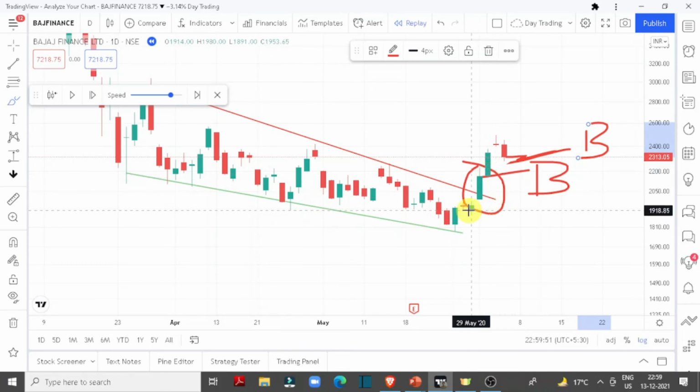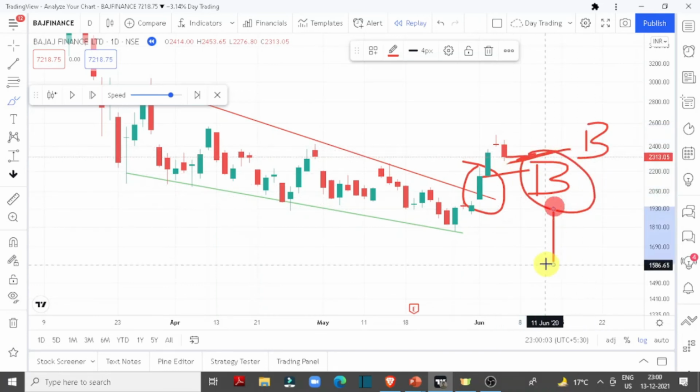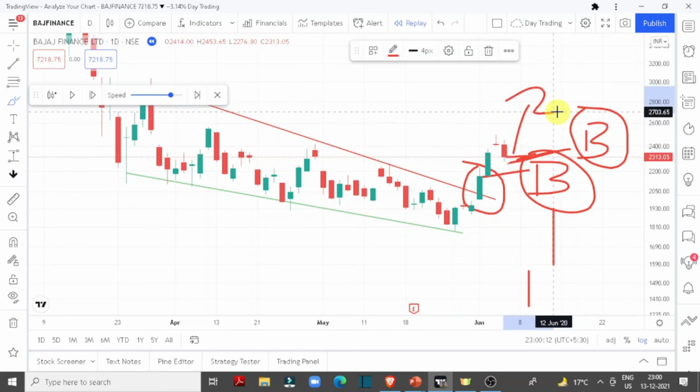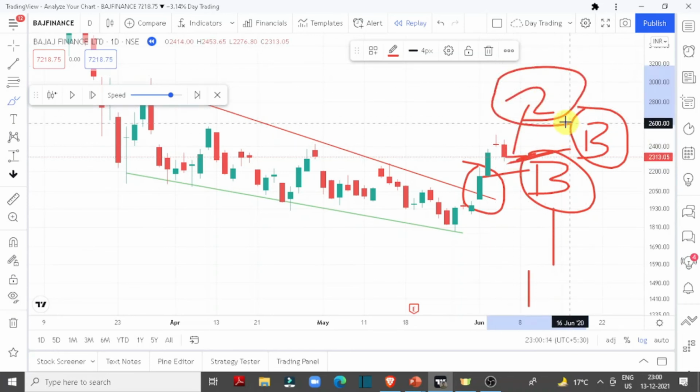Why? Because you will be able to take a smaller stop loss. But if you buy at this level, then your stop loss will be higher. So in the first case where I bought at the breakout candle, my stop loss was lower and my risk was lower. But in the second case where I bought at this level, my loss was higher, right?